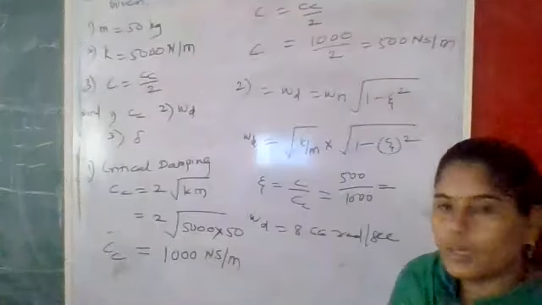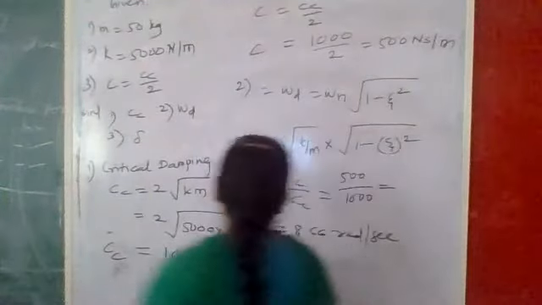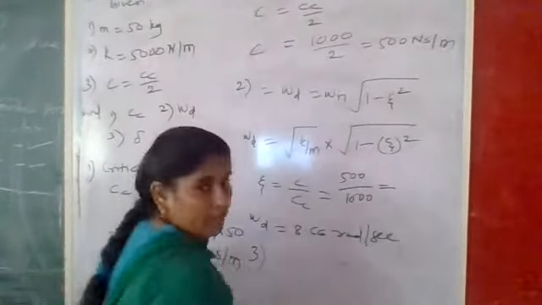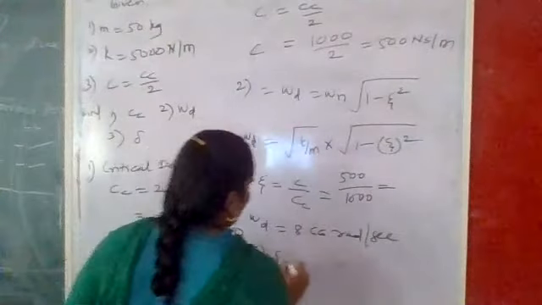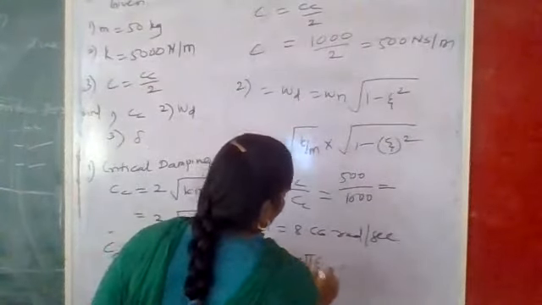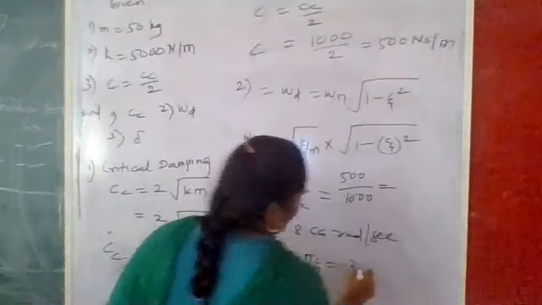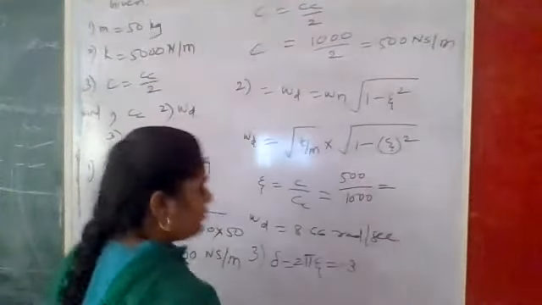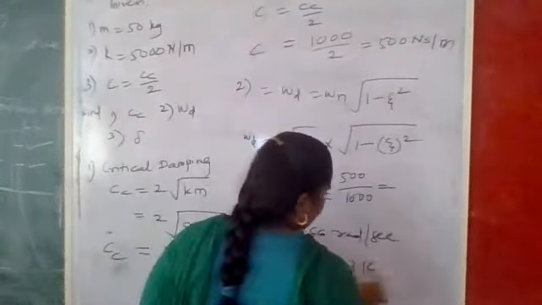Okay, Pranali, we have to calculate the value of delta. Delta is equal to twice by zeta. The answer is 3.14. It is okay, right?